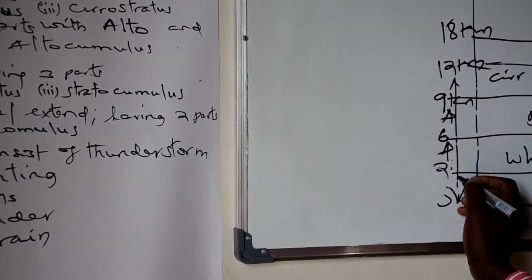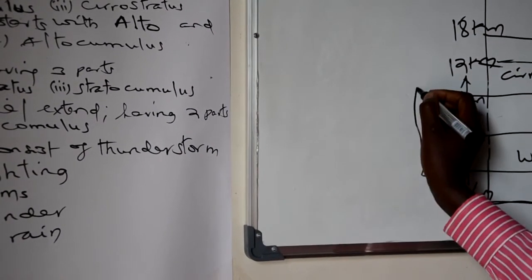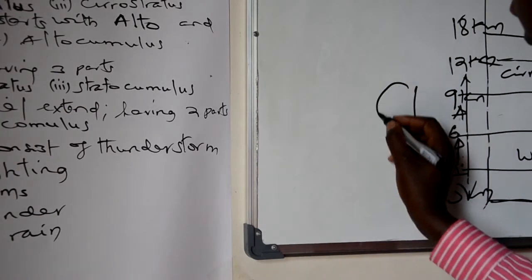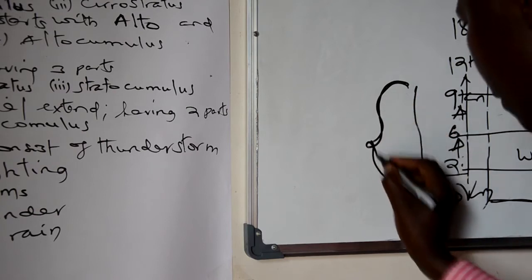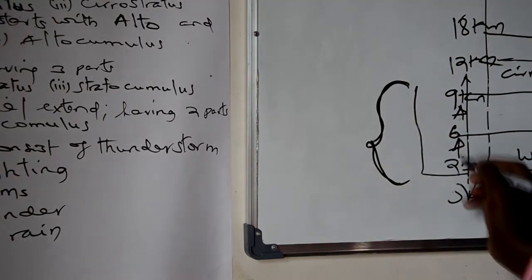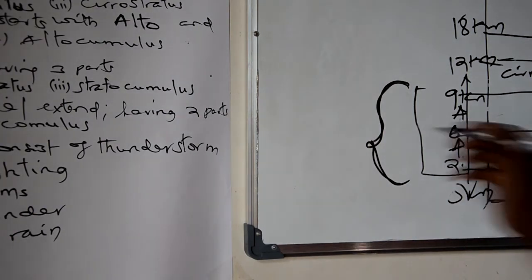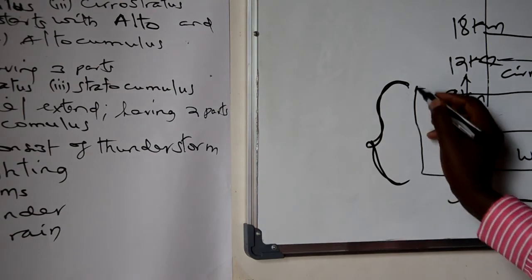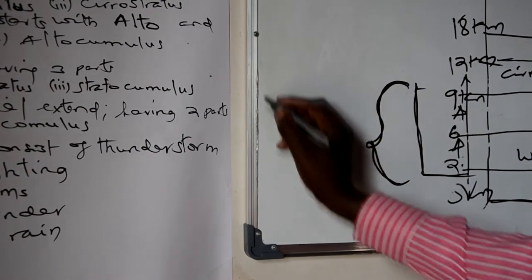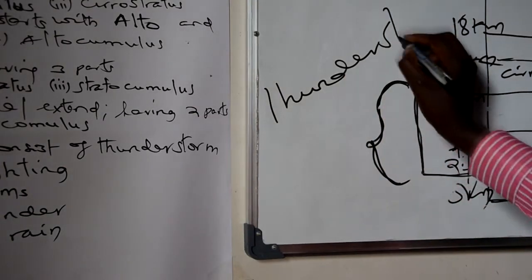In this category, there are 2 types of cloud, which are cumulonimbus and cumulus, and we have to discuss cumulonimbus. These are black clouds extending from near the ground level up to high level. They indicate unfair weather condition because they are black in nature, and they mainly indicate heavy rain accompanied by thunderstorm. You can ask yourself, what is the meaning of thunderstorm?